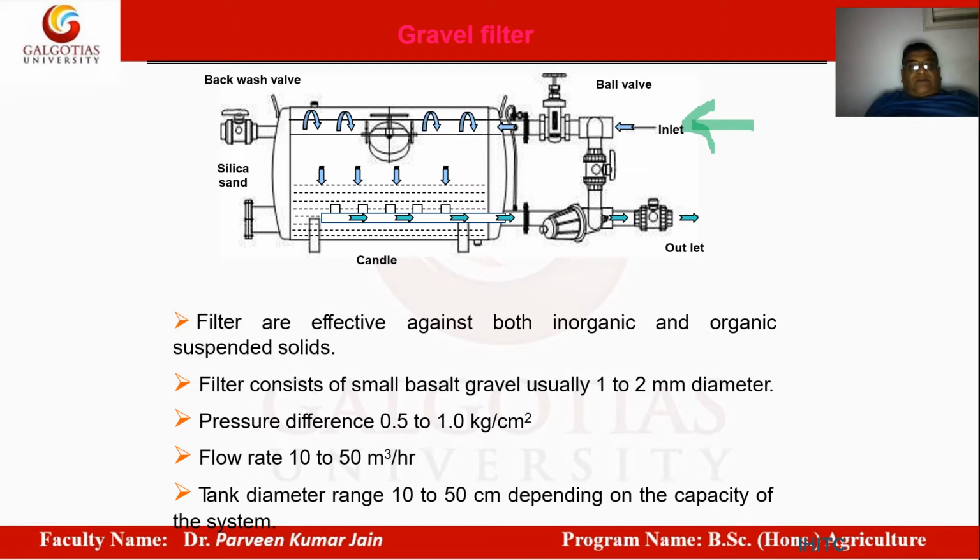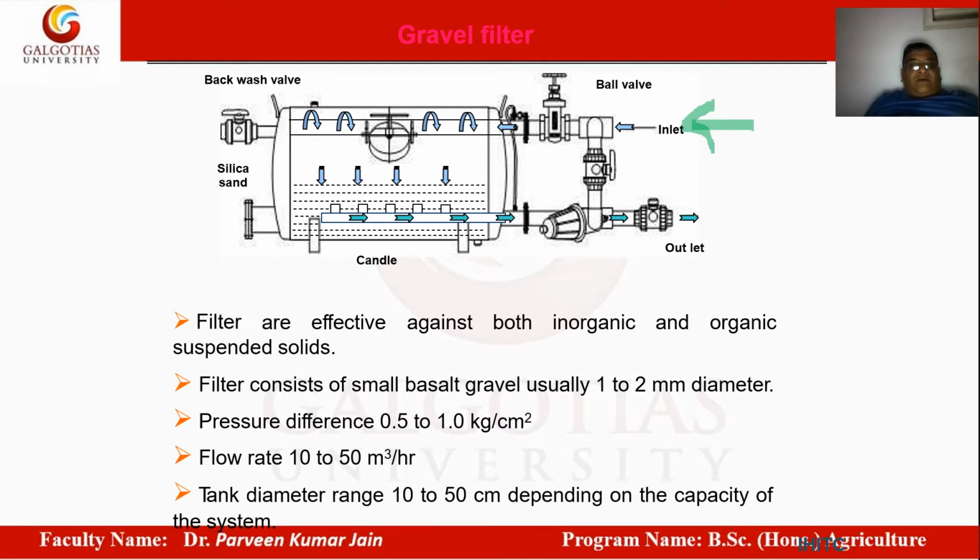These valves are meant to take the water to the front as well as to back flush. When we need to clean this filter, this valve is closed and this valve is open, so that there is a reverse movement of water. But during regular use, the water flows from here.